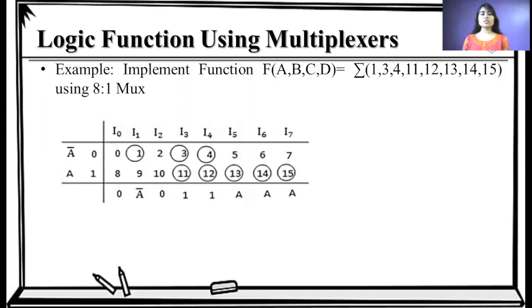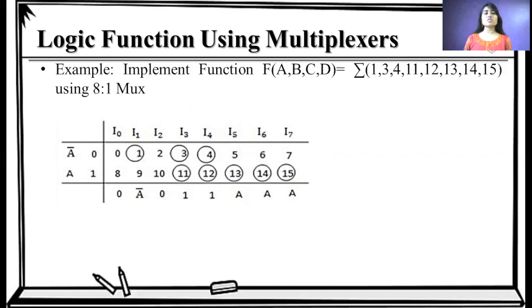By making this table. Place the inputs of the 8 cross 1 multiplexer column wise: I0, I1, I2, I3, I4, I5, I6, I7. Then place the condition of A row wise. Either A is equal to 0 or A is equal to 1.